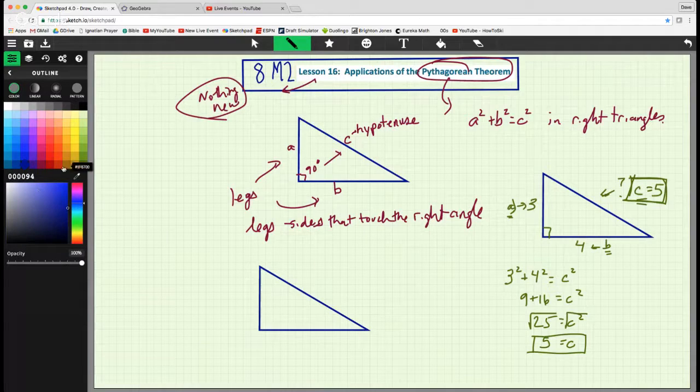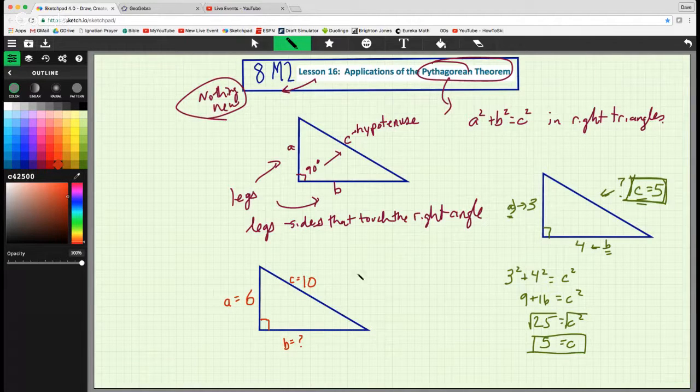Let's say we know this side is 6 and this side is 10, and we know this is a right angle, and we want to know now what this side is. In this case, A equals 6, B we don't know, and C equals 10.